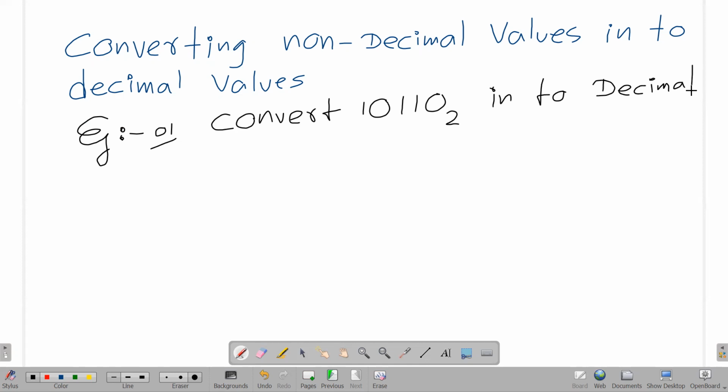Right, so our task is converting 10110 into a decimal value.